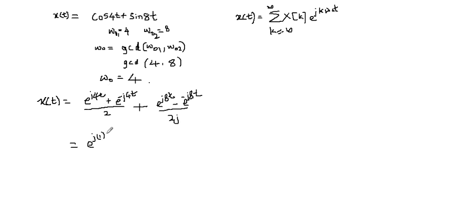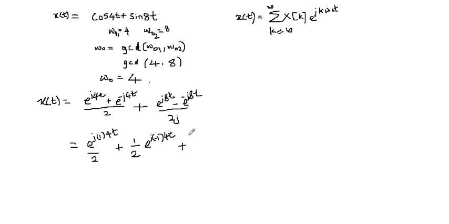Then omega naught is 4. It's 1 by 2 times this. Let's write it in this form. And similarly the second one becomes 1 by 2 e raised to j, now let's write minus 1.